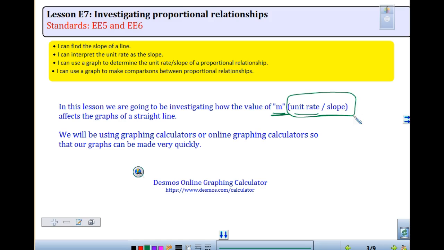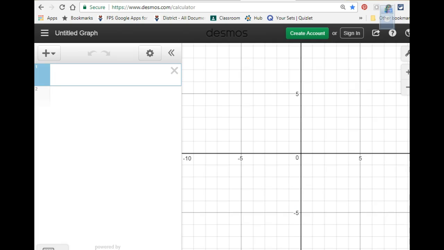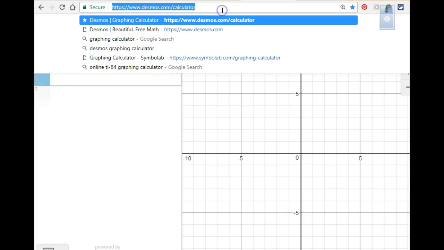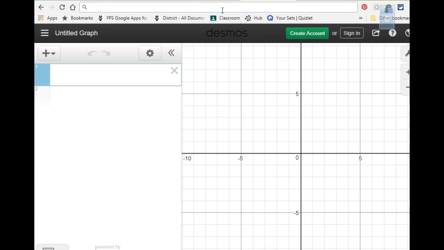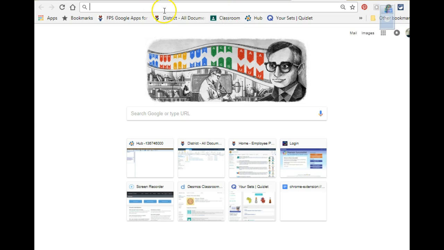So what I want you to do right now is open your computer, and on your computer open a tab.